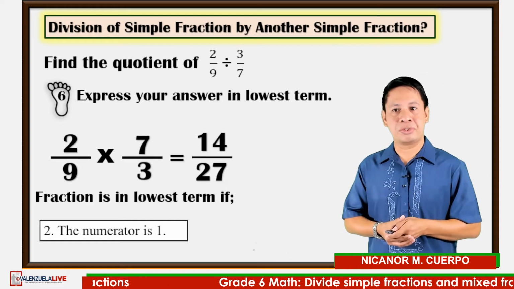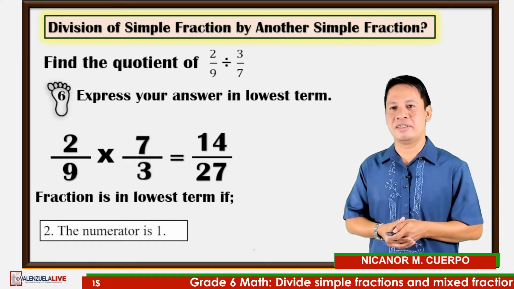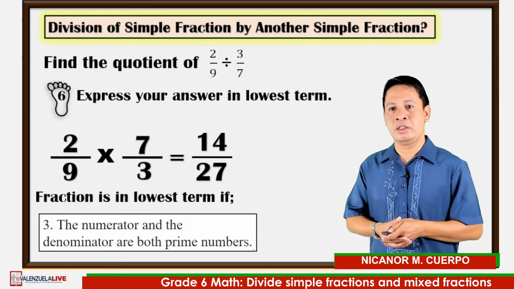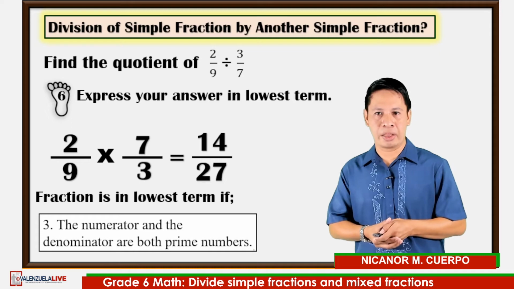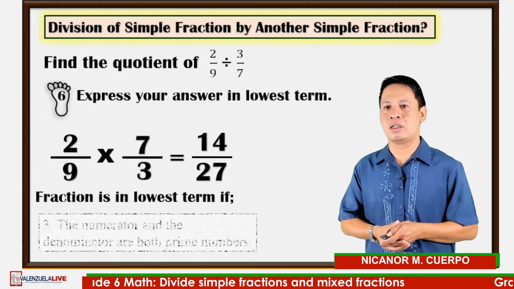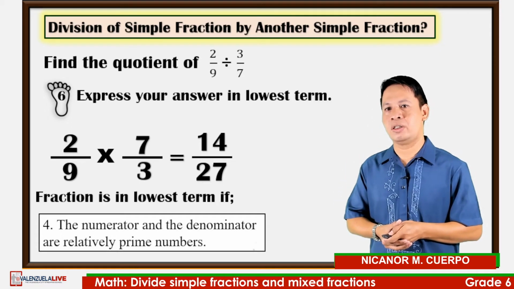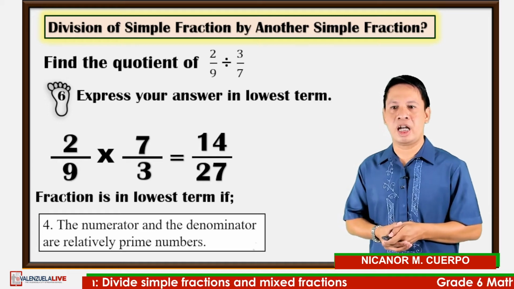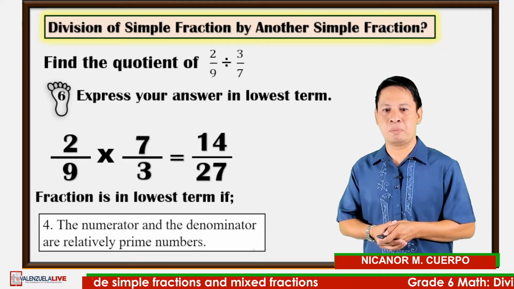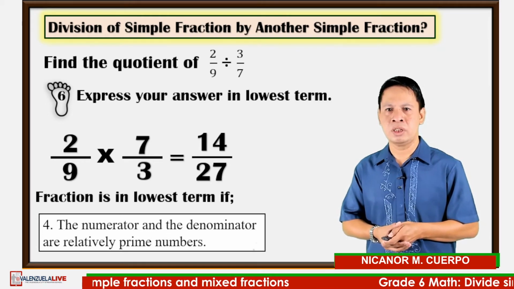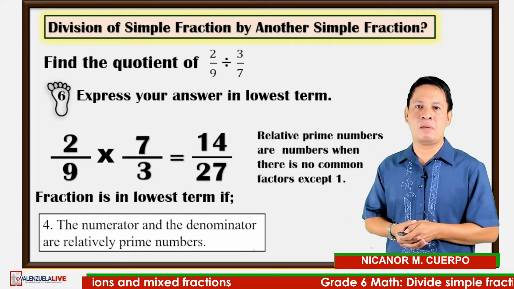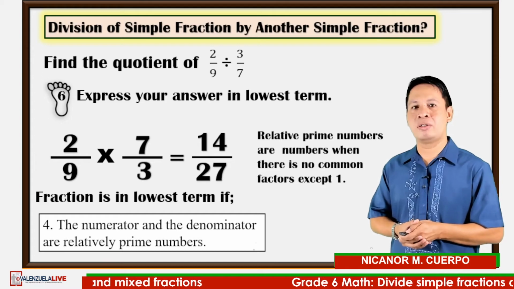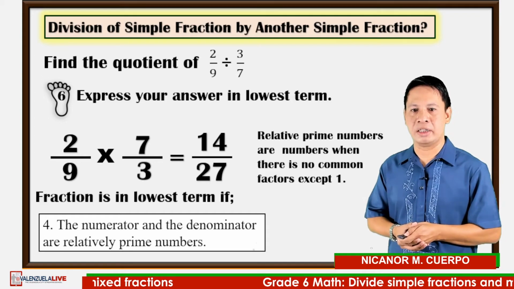Second, the numerator is 1. The third condition, the numerator and the denominator are both prime numbers. And the fourth condition, the numerator and the denominator are relatively prime numbers. Now, what is a prime number? Relatively prime numbers are numbers that have no common factor except 1.